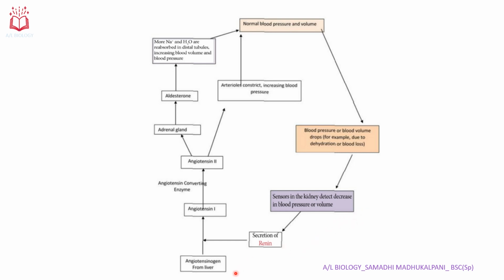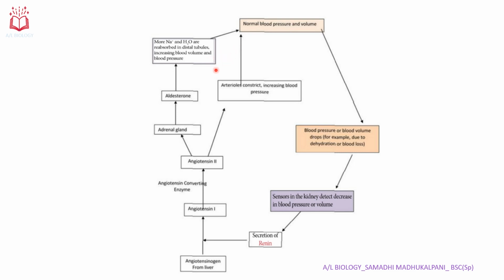Renin acts on the angiotensinogen from the liver and converts it into angiotensin 1. Angiotensin 1 is converted into angiotensin 2 by angiotensin converting enzyme. Angiotensin 2 acts on the adrenal gland. This produces aldosterone, and aldosterone increases the reabsorption of Na+ and H2O in distal tubules.